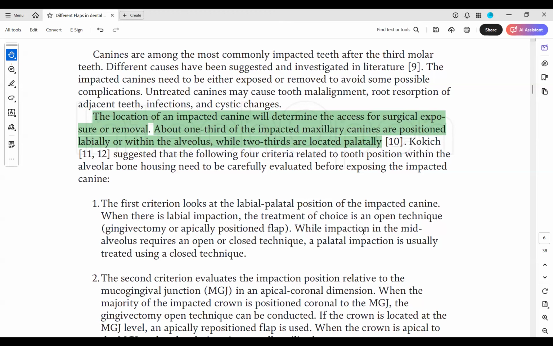If you have an impacted canine, either you can bring it down and align it orthodontically, or you have to remove it and then think about the prosthetic replacement or closing the gap with your premolar taking that space. Agreed, right? So if these are the two possible managements, there must be some indicator which will help you, or the orthodontist or the surgeon, decide whether we can bring it into orthodontic alignment or not.